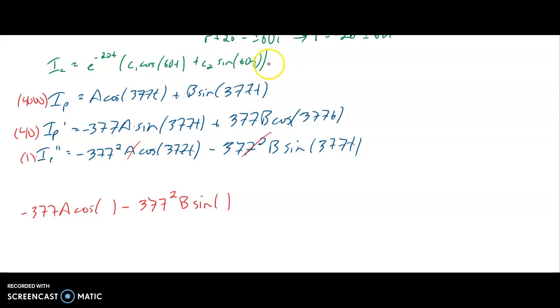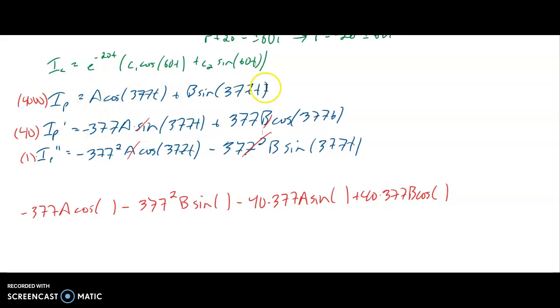Next one, I'm going to do minus 40 times 377. That's 40 times this, times an a sine of, and then a positive 40 times 377b cosine of. And so I got this and this done.